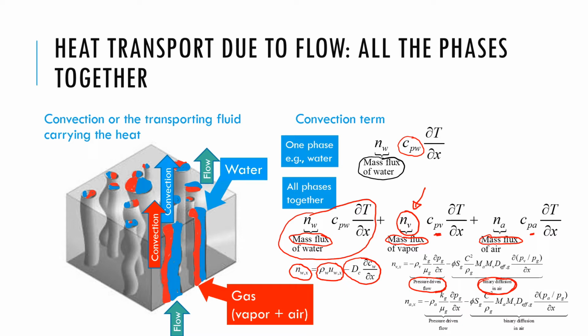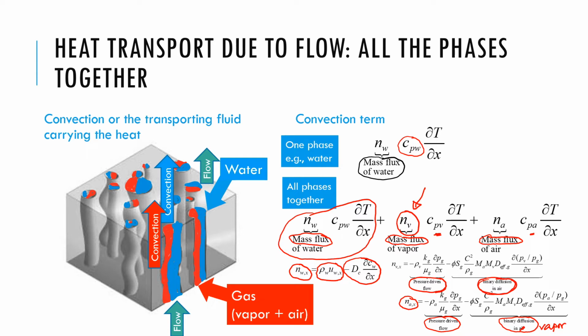And finally, just like vapor, the air flux is going to be due to pressure driven flow or binary diffusion in air. In this case it would be vapor. So air in vapor.